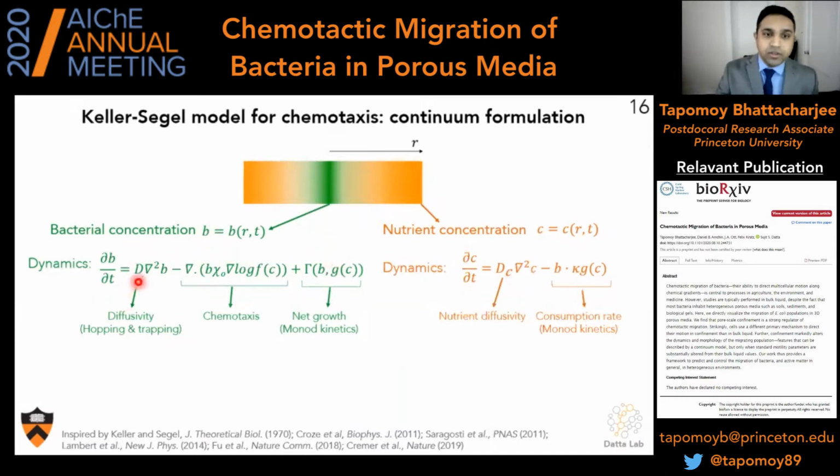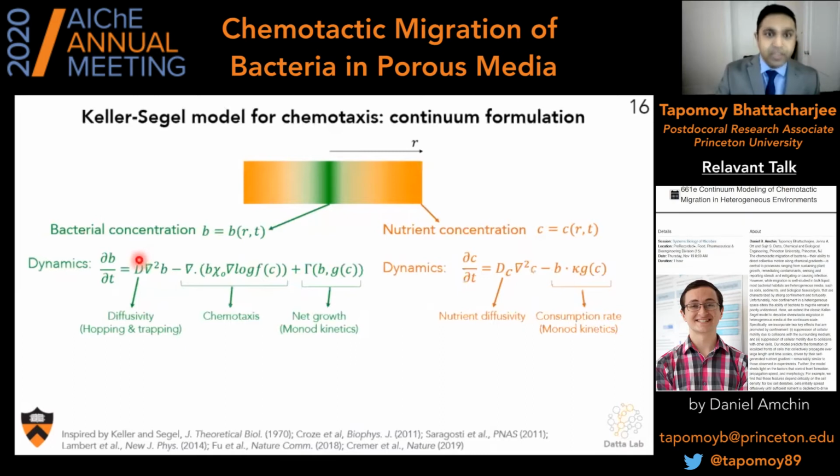Now, the bacterial diffusivity and this chemotactic parameter, chi, are usually taken as ad hoc parameters in most of the modeling. But since we can measure the bacterial diffusivity directly inside porous medium, we can implement that diffusivity in our model and ask if this chemotactic parameter is really a bacterial intrinsic property or whether it depends on the pore scale confinement.